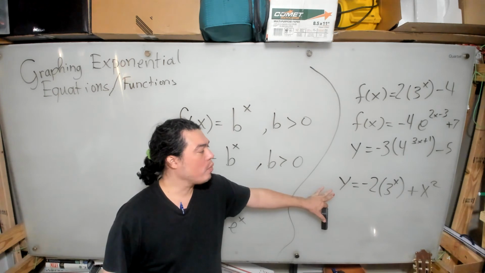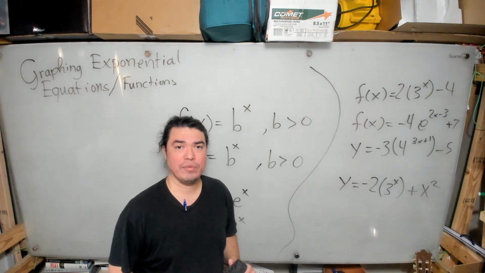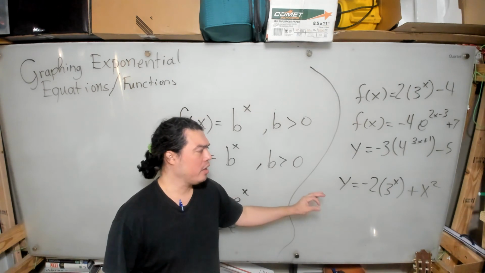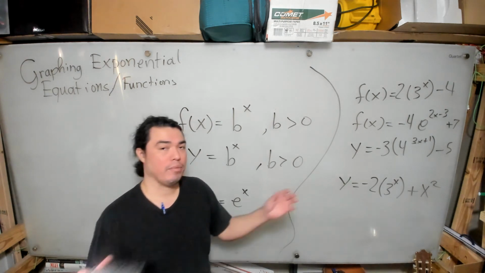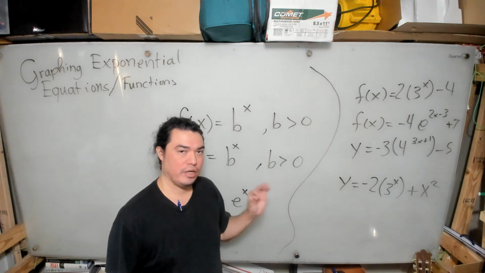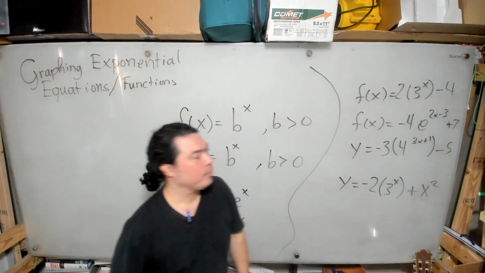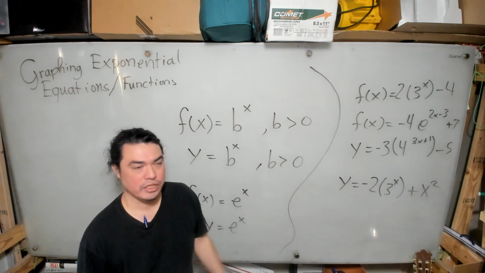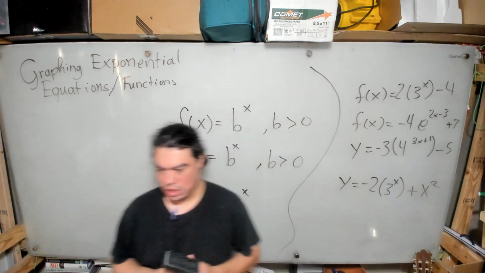Later on we might look at examples like this, using some of the insight derived from this section to guide us, but knowing we're going to have to do some special analysis, because it's not going to behave exactly as an exponential, and it's also not going to behave exactly as a polynomial. It will have some characteristics that we'll have to determine on an individual basis. But all of these which are purely exponential will behave just as the examples here, and we'll discuss those in full detail. Now, without further ado, let's begin.